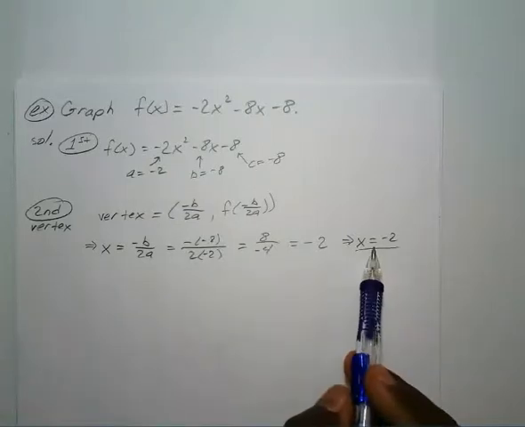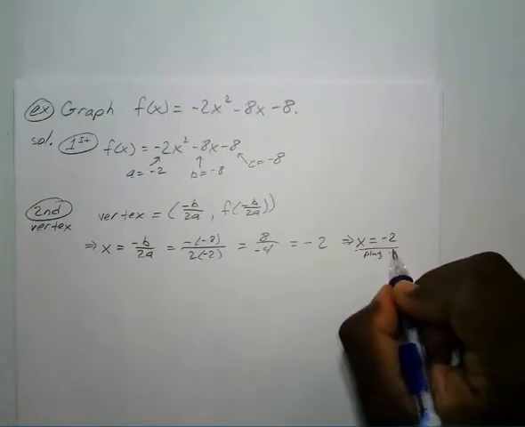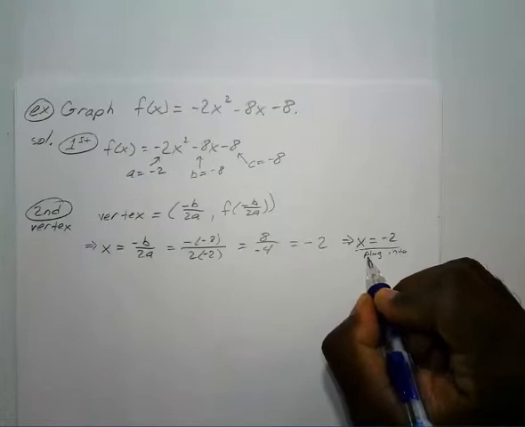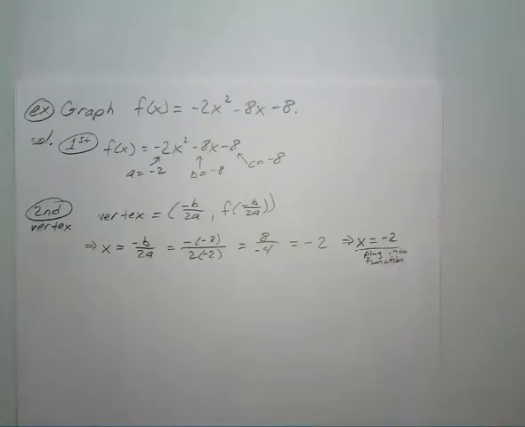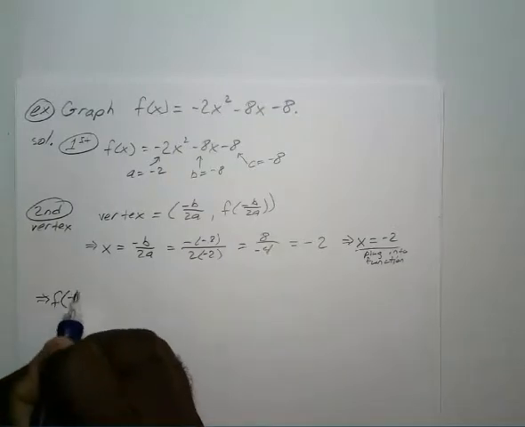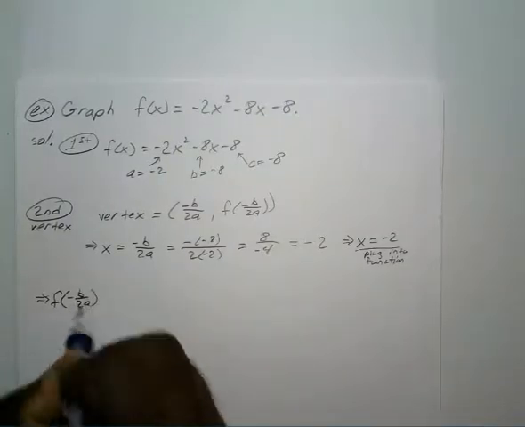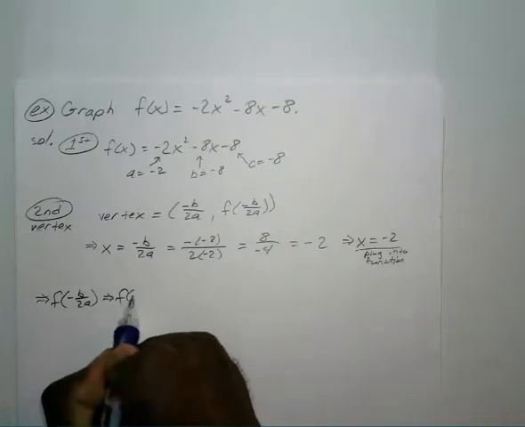Now we get that value and we plug it into our function. So our f of negative b divided by 2a is just f of negative 2.